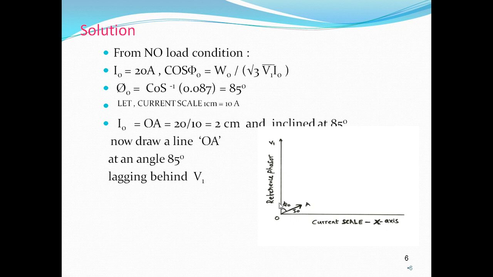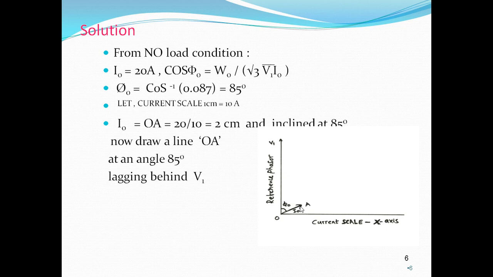I hope this is clear for everyone. First you draw the x-axis and y-axis, then you draw at 85 degrees the vector OA, that is 2 centimeters. This is from the no load test.